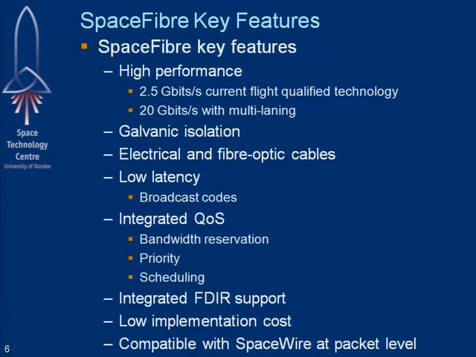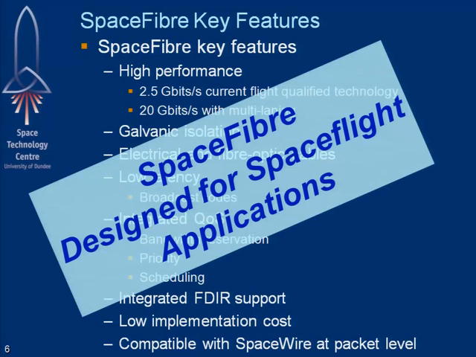We have integrated FDIR support, so the idea here is to provide that support as fault detection and recovery as close to where the fault occurs as possible. It has low implementation cost, and it's compatible with SpaceWire at the packet level. Okay, so the key thing about SpaceFibre is it's designed specifically for spaceflight applications.